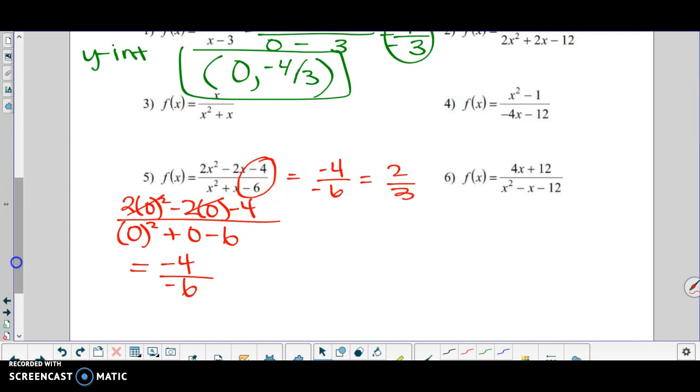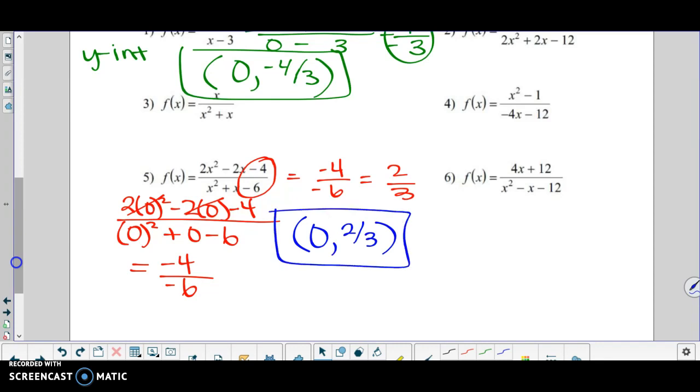Anywhere you plug in an x is going to become what? 0, because you're plugging in 0 for it, right? So you're only going to have what's left over, okay? So how would I write that? So we simplified negative 4 over negative 6 to what? 2/3. How would I write that as a y-intercept though? It would be 0, comma, 2 over 3.